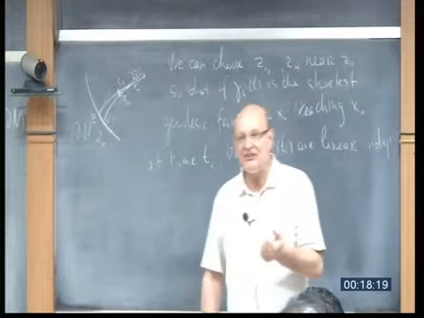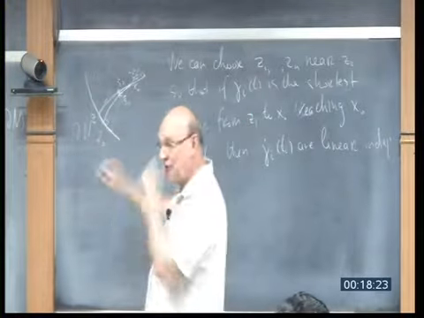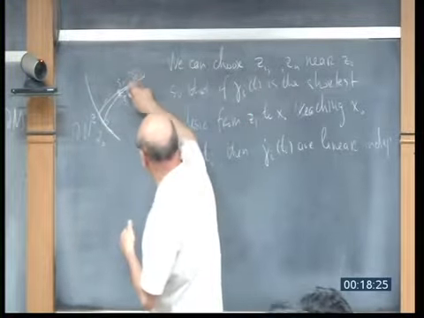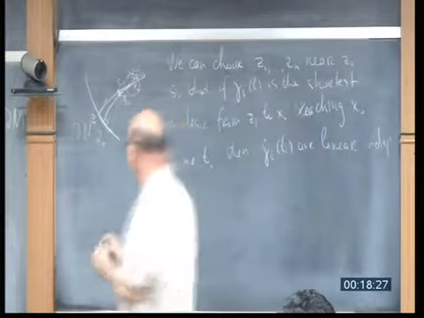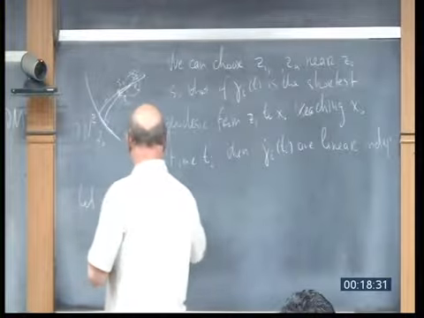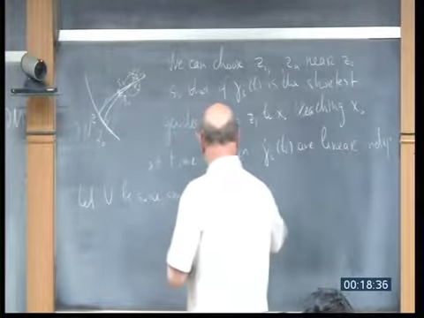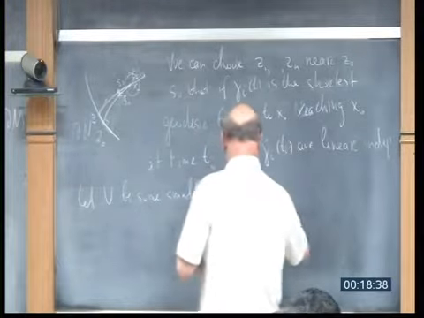Well, let us see. Let us introduce the distance from this point z_i to a variable point. So now we take the points near x, some vicinity u. Let u be some small neighborhood of x0.